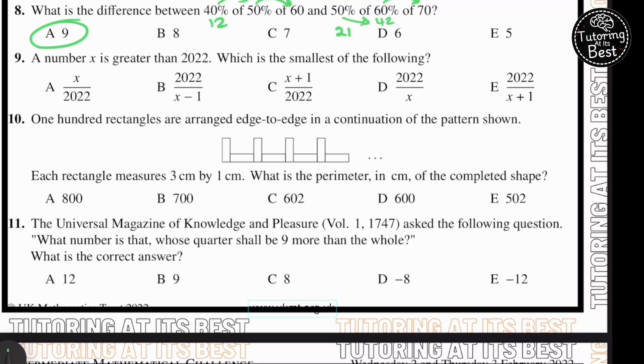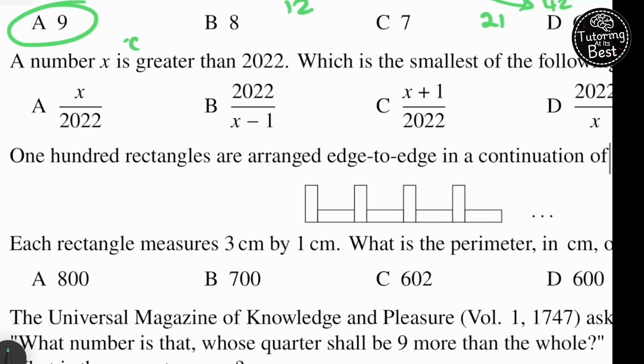Okay, question 9. A number x is greater than 2022. Which is the smallest of the following? Now, because x is greater than 2022, we can almost write this out as an inequality.